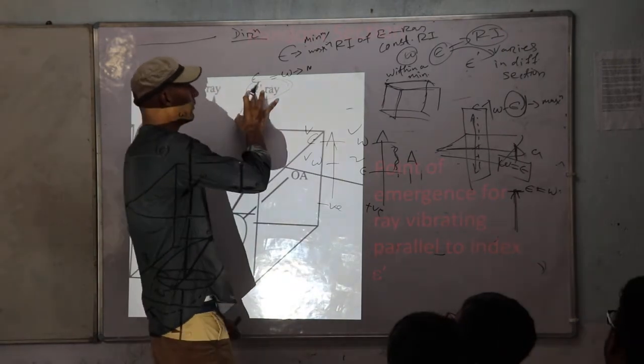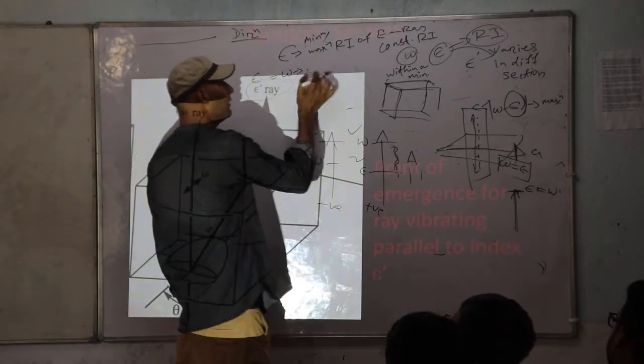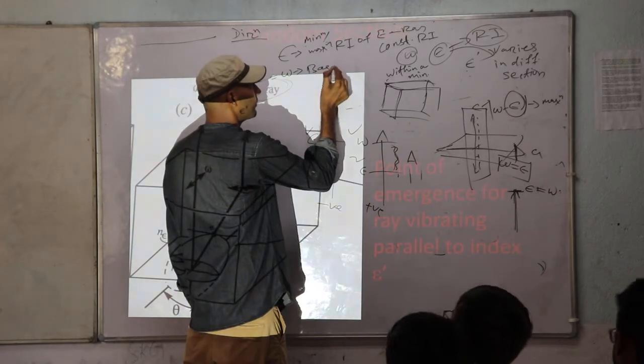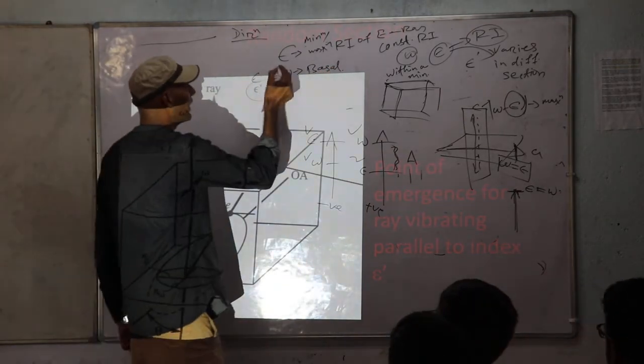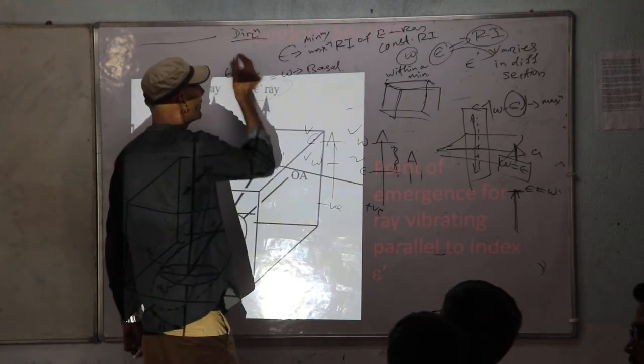So omega is equal to epsilon in the basal section. In between, the value will be epsilon dash.